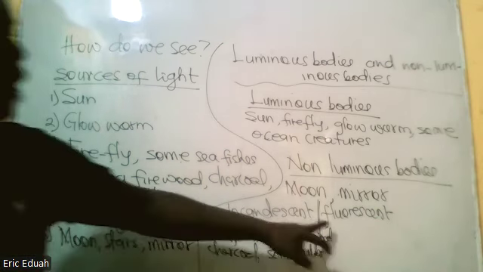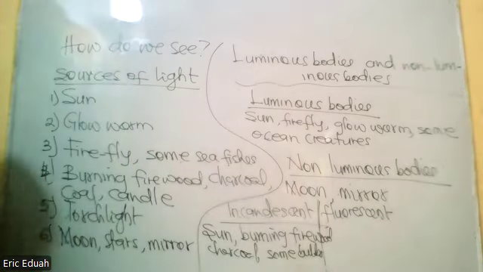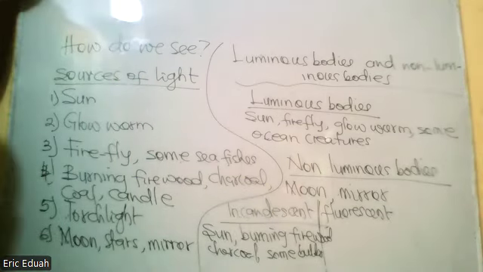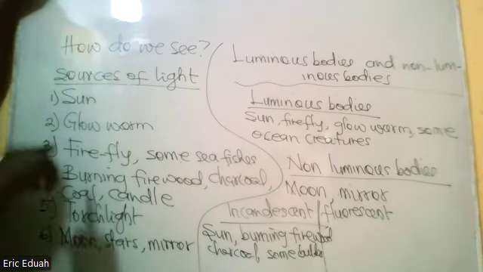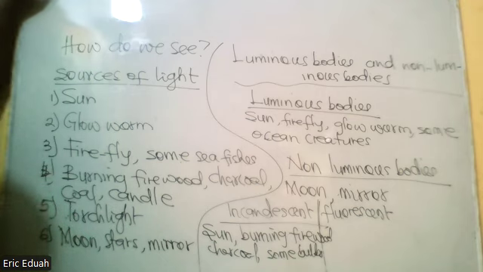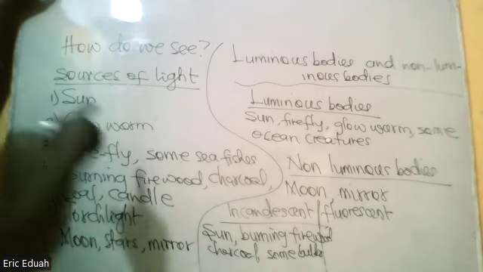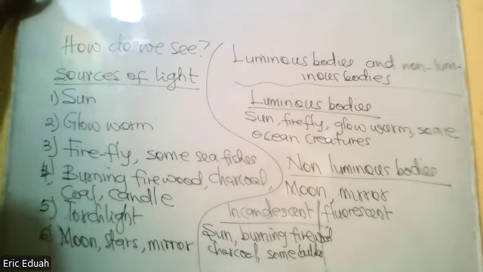Then we have fluorescent sources. These ones do not produce light when heated. And so, under this classification, we can talk about firefly, some sea creatures or fishes, torchlights.